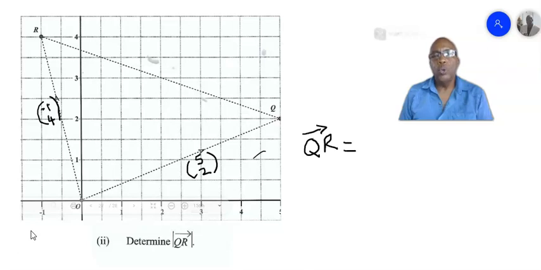So, to find the vector QR, we find the two vectors we can add to get to QR. So it means we can go through O. Vector QR equals vector QO plus vector OR.